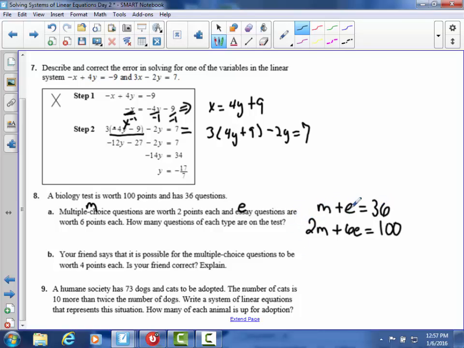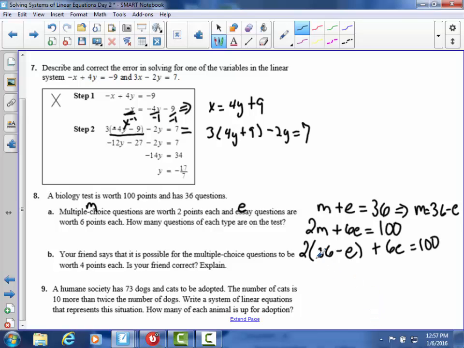If M plus E equals 36, then M equals 36 minus E. And so I can substitute the M: 2 times 36 minus E plus 6E equals 100.